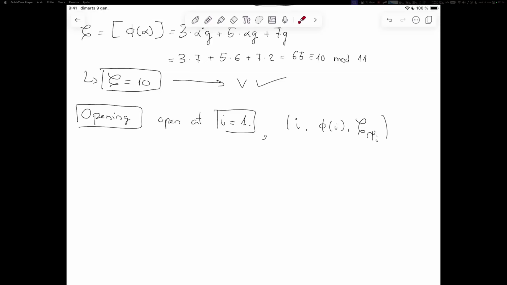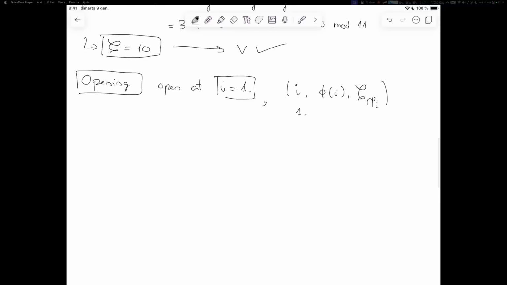I is 1. You know I already because the verifier asked you to open at I equal 1. We can easily compute phi of I. It is 4. Let me check. Correct, phi of I is 4 mod 11.